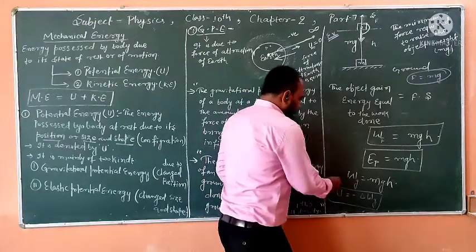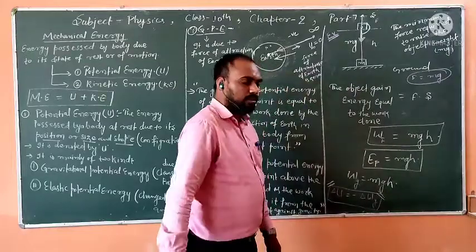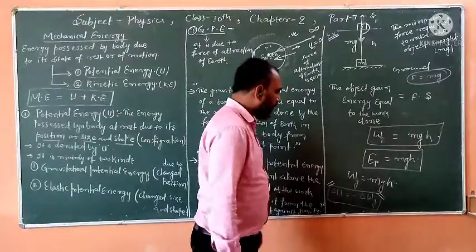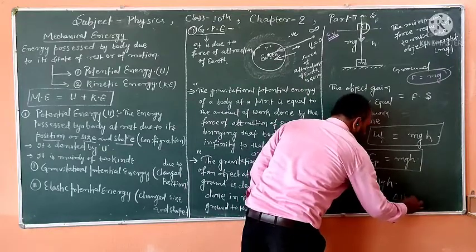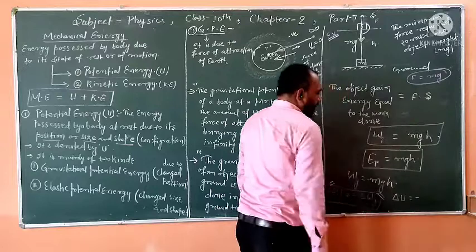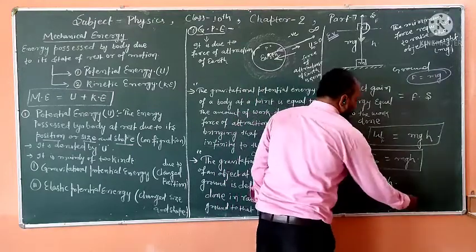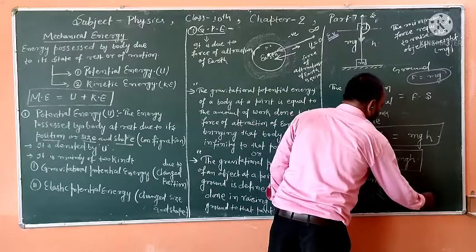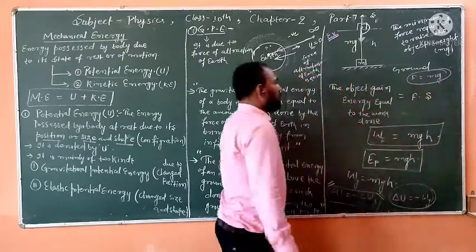From here you will get many problems in 11th for IIT JEE. So the change in potential energy is equal to the negative of the work done by gravity. This is a simple thing you should understand.